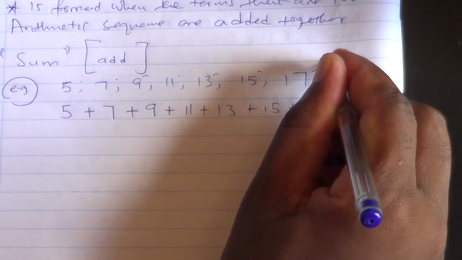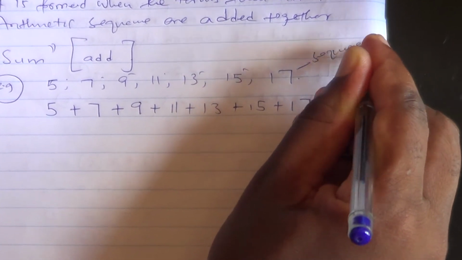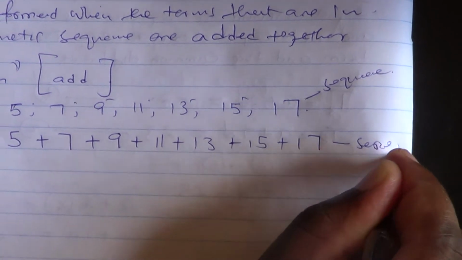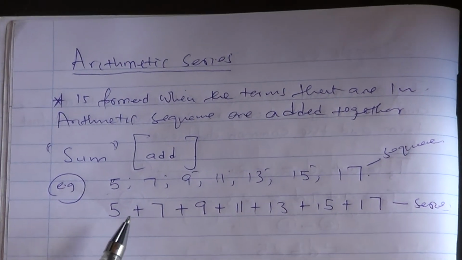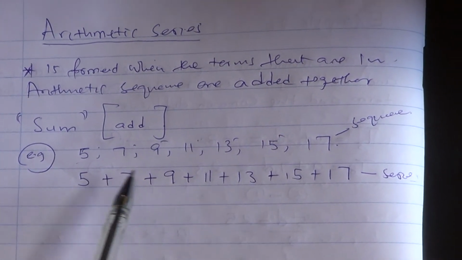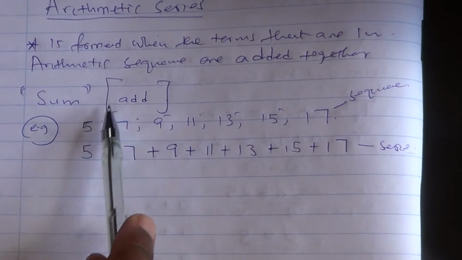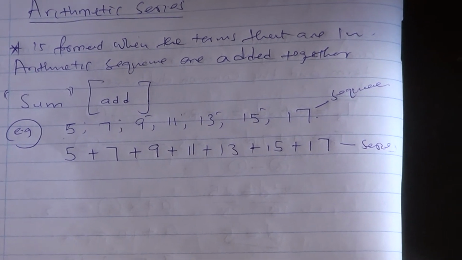This is what we call a sequence. This is what we call a series. This is the arithmetic sequence. This is the arithmetic series. All have a common difference. That's the difference between the two.